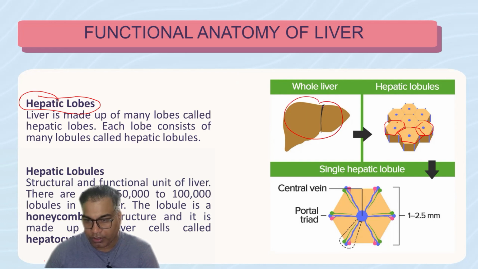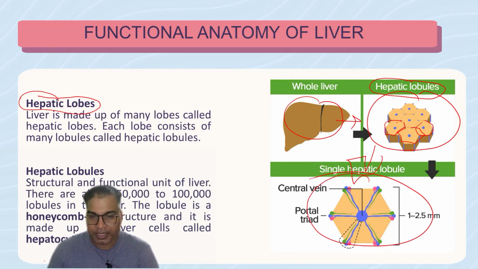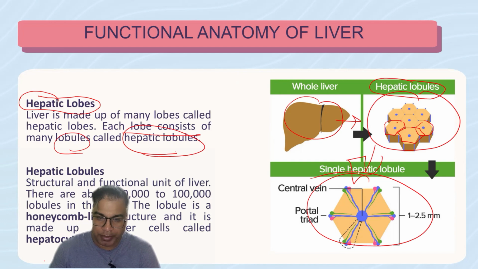This whole liver could be divided into these hexagonal lobes, called hepatic lobules. This image represents one hepatic lobule. So each lobe consists of many lobules.